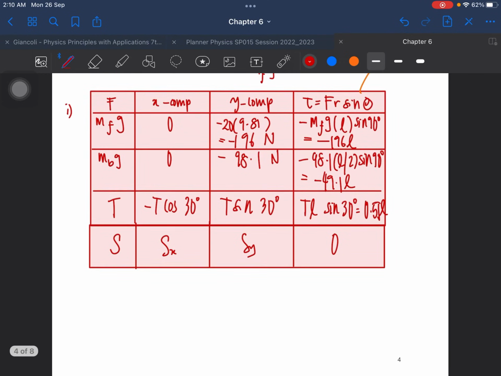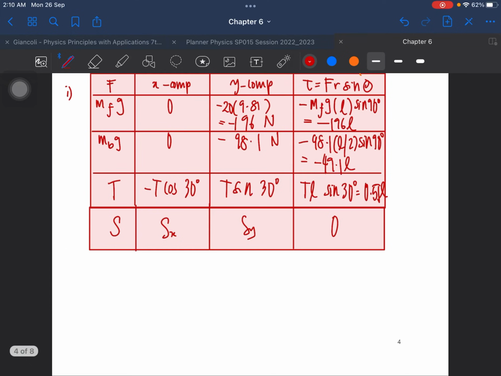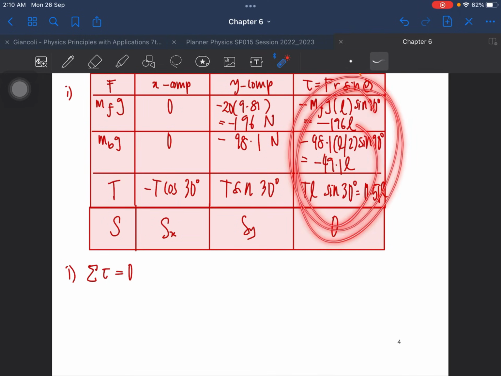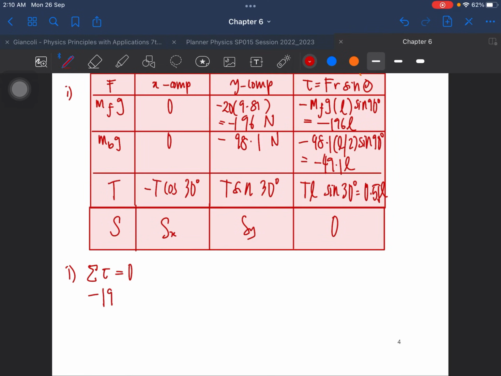So from here, since they are in equilibrium, we can let the net torque be equal to 0. So kalau kita add all of this together, we will get something like this, plus 0.5 TL equal to 0. So the tension is 490 Newton.